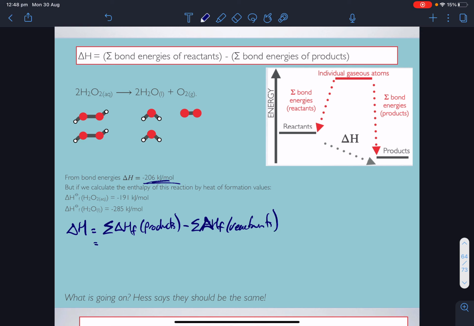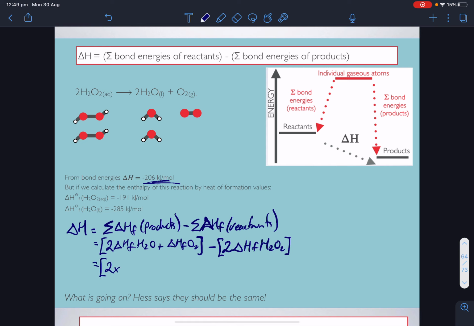So the products are going to be 2 times the heat of formation of water plus 1 times the heat of formation of oxygen, minus the reactants, which is 2 times the heat of formation of H2O2. Hopefully I've given you these values.